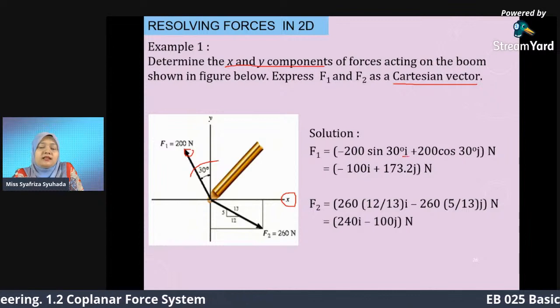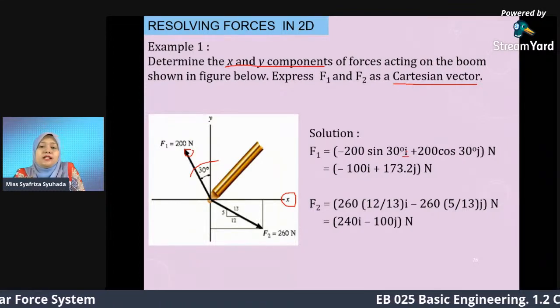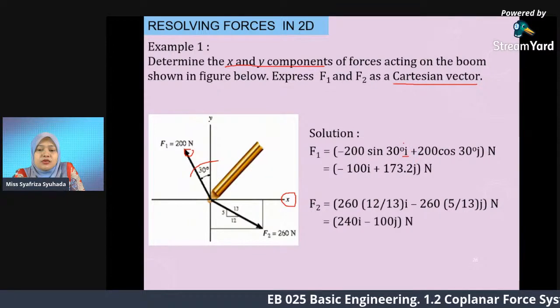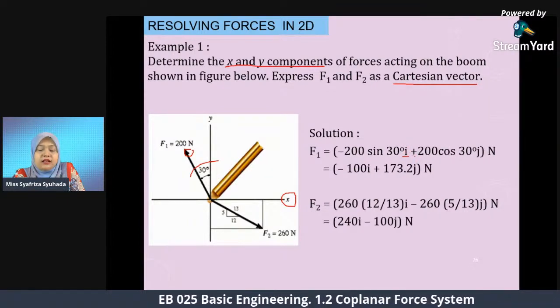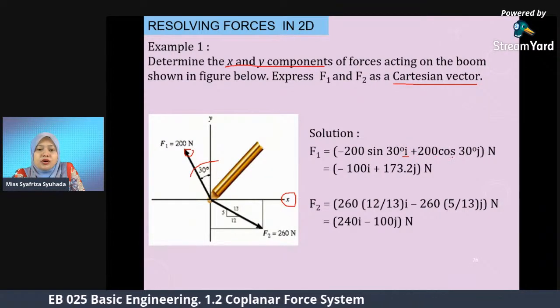Okay, perbezaan antara Cartesian Vector dengan Coplanar adalah Cartesian Vector mesti kita masukkan huruf I. Okay, plus 200 cos theta.